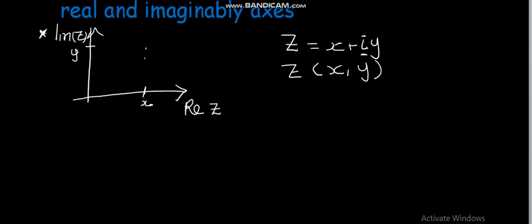Joining the points, we have our point x, y, which starts from 0 and moves upward. So that is our z, our complex number represented on the Argand diagram.